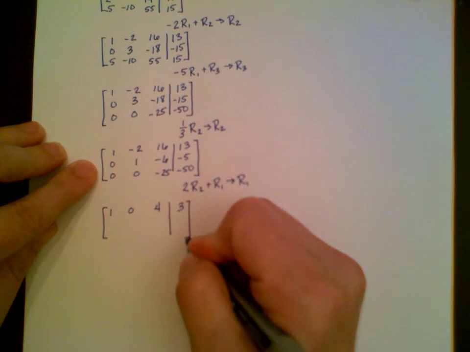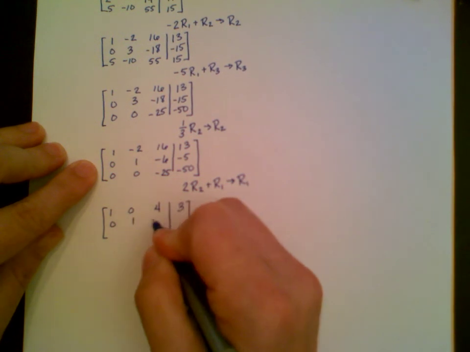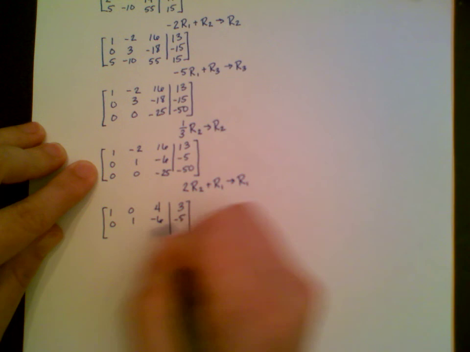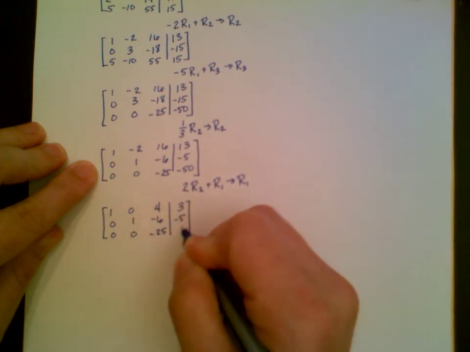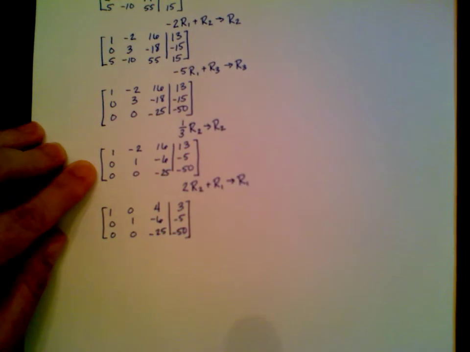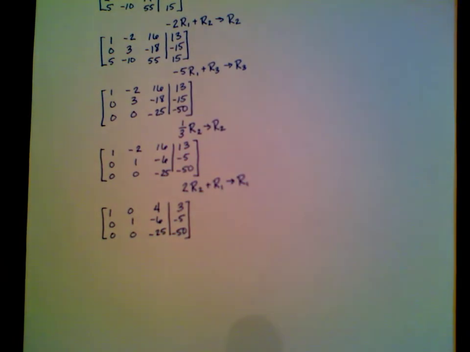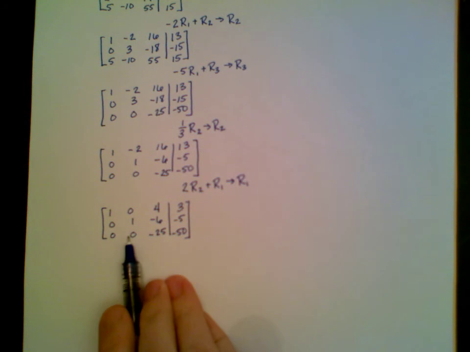And then I can recopy my other 2 rows. Okay, so now I have my first 2 columns perfect.